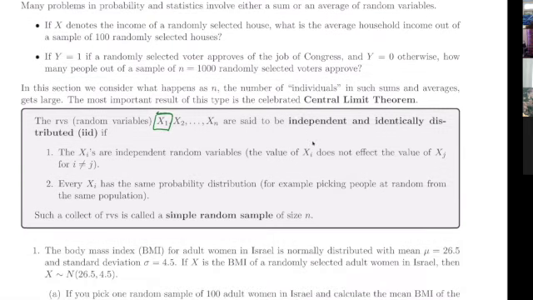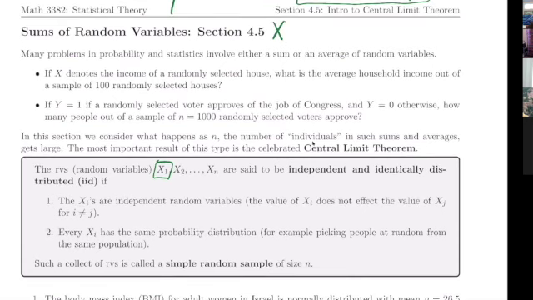Just to consider the example we did last time, we can think of X as a random variable representing a randomly selected female's BMI from Israel. And then we can think about what happens if we pick a lot of individuals at random from this population. We'll let X1 be the first person that we pick, X2 the second person that we pick, and so on.